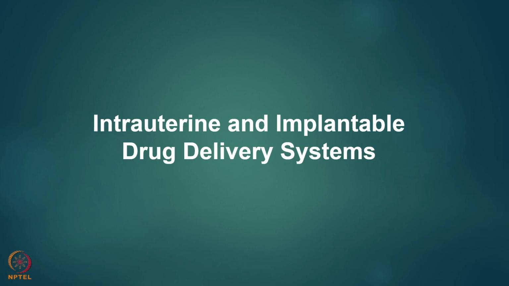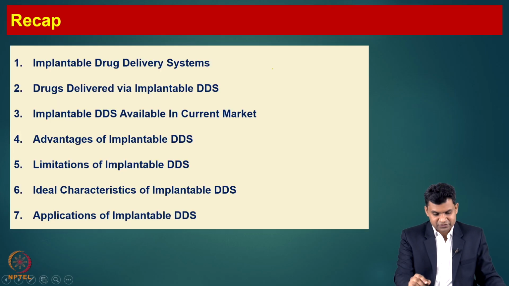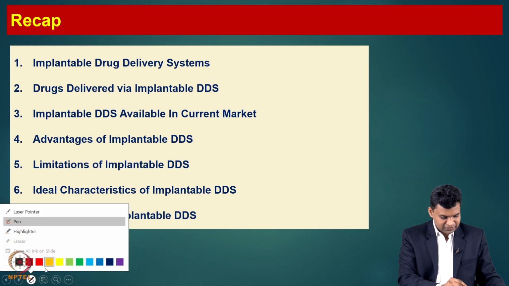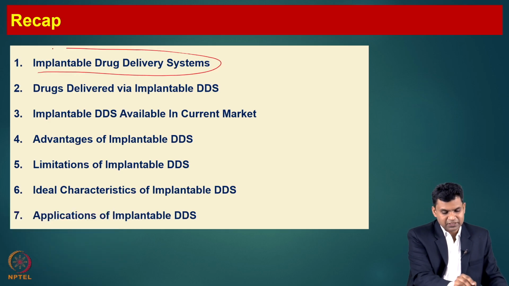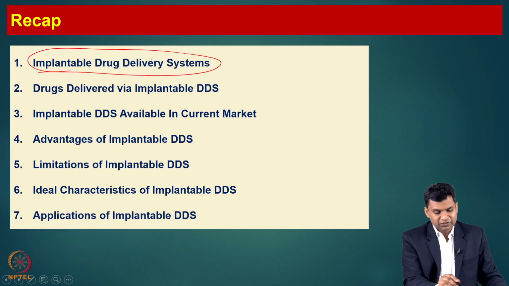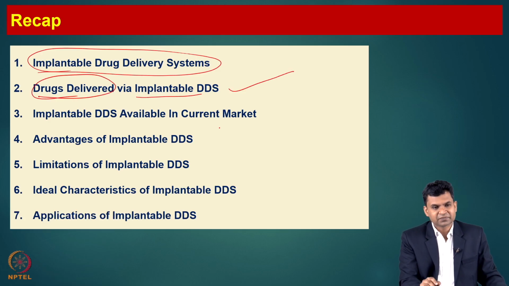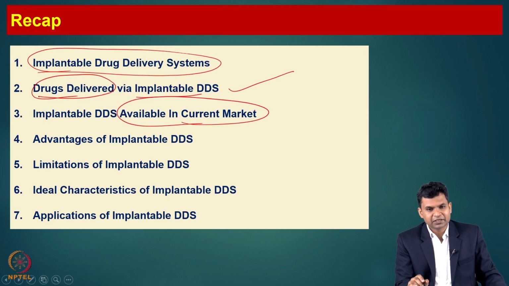In our novel drug delivery system course, we are discussing the intrauterine and implantable drug delivery systems. In our previous class, we discussed the implantable drug delivery systems, the drugs which can be delivered by them, and the currently available marketed products.